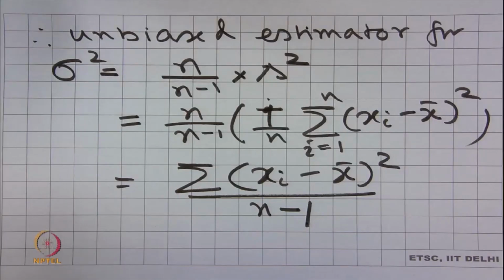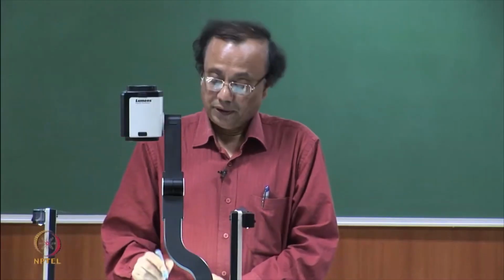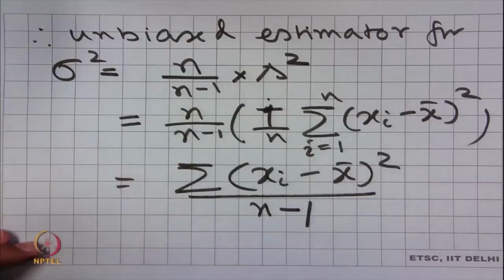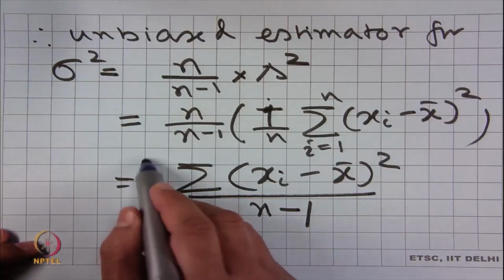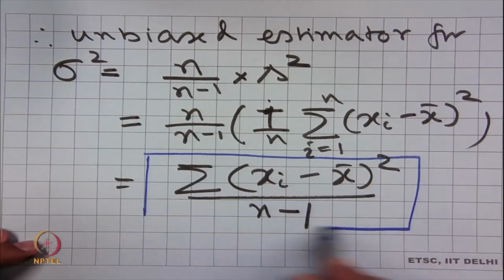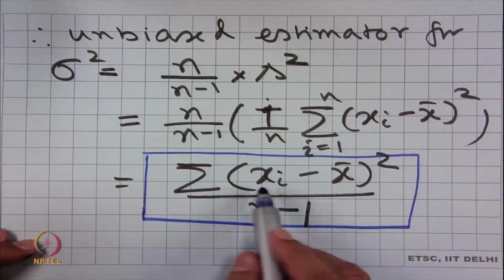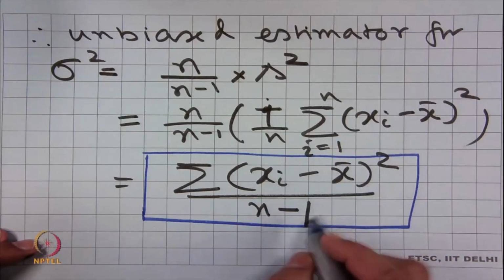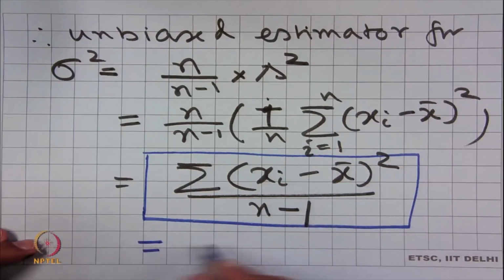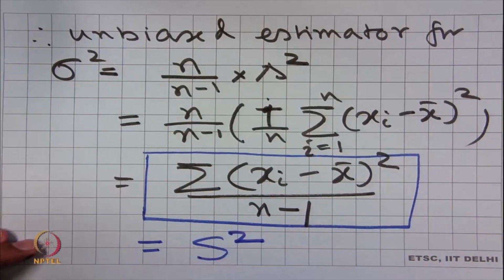So, that shows that our logical guess that sample variance is going to be an unbiased estimator for sigma square is not correct. The unbiased estimator for sigma square is this quantity, which is sigma x I minus x bar whole square upon n minus 1, and we often denote it by a square.